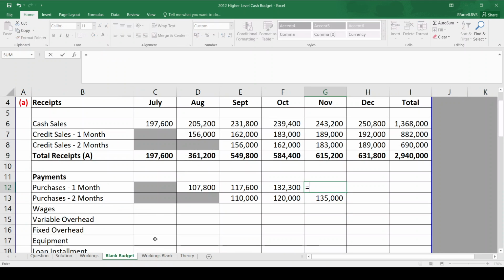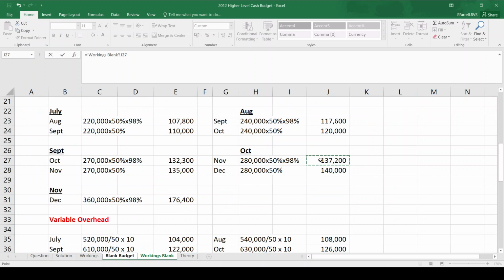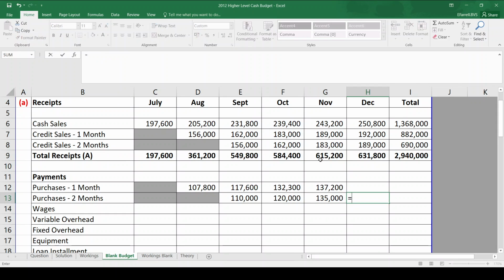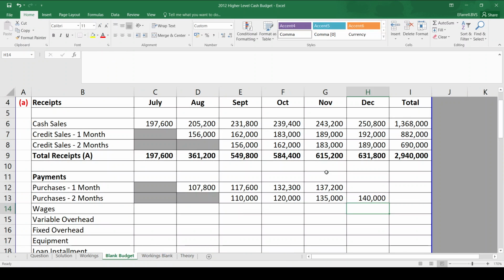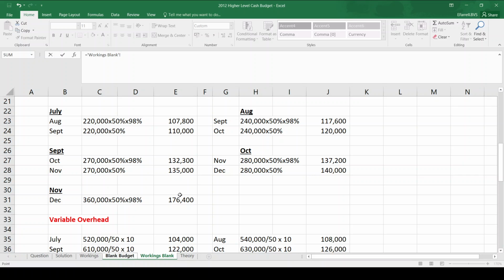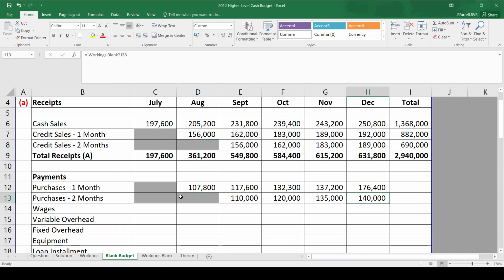October's purchases I'm going to pay for in November and December. And November's purchases I'm going to pay for in December, and the other half will be in January, but we don't have to do January. So now I'm just going to total these across. So that will give me the purchases.